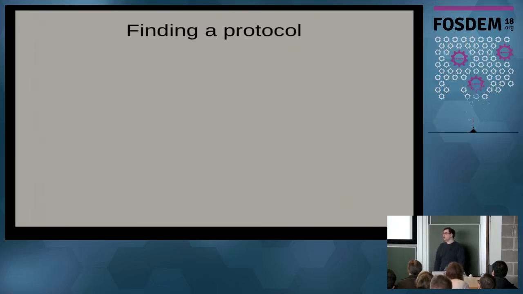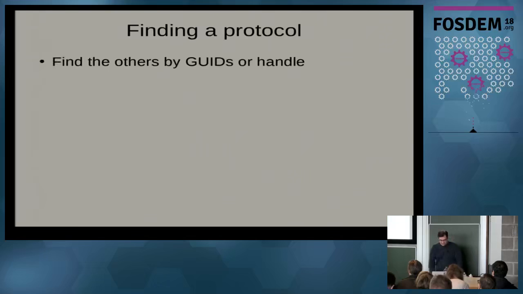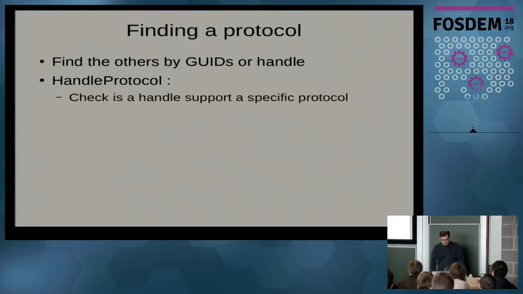find the protocols before calling them. So there are APIs to do that. For example, you can find protocols by unique IDs or handle. And from the handle, for example, you can check if your handle supports more protocols. So it's the method handle protocol.